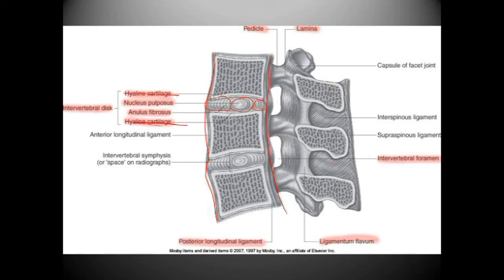Then we do have ligamentum flava, spinous process, lamina, and the pedicle. I do believe that is all that we need to actually understand from this image.